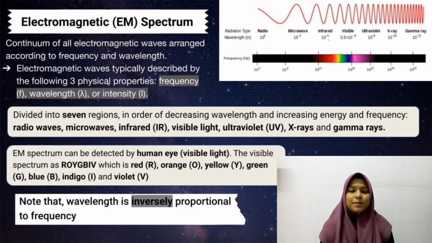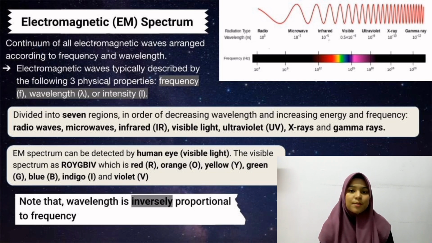The EM spectrum is divided into seven regions, in order of decreasing wavelength and increasing frequency: radio waves, microwaves, infrared, visible light, ultraviolet (UV), X-rays and gamma rays. The visible spectrum is the part of the EM spectrum that can be detected by the human eye.